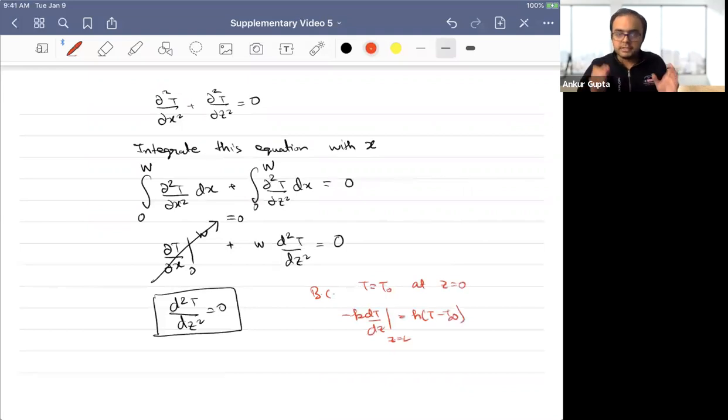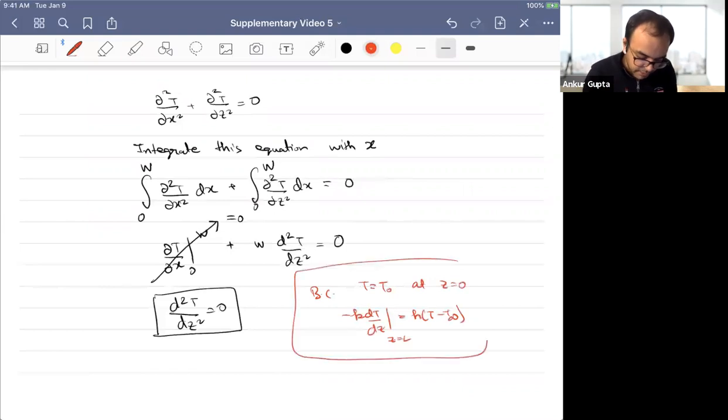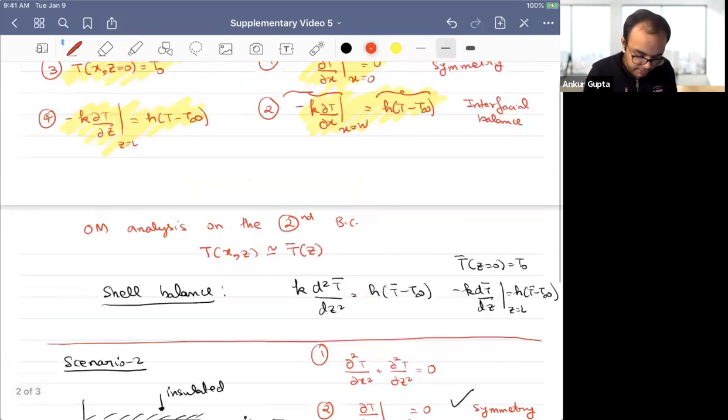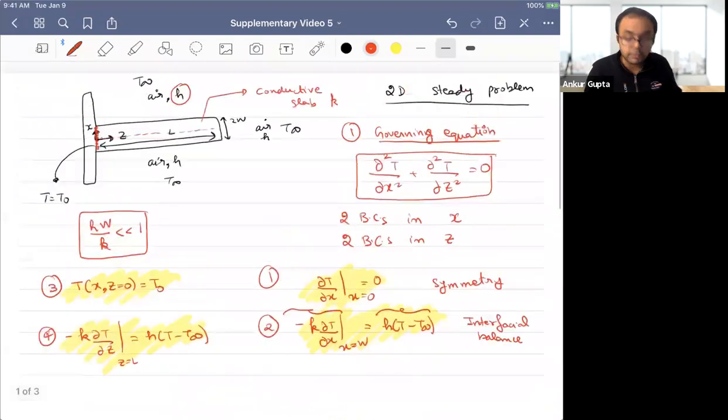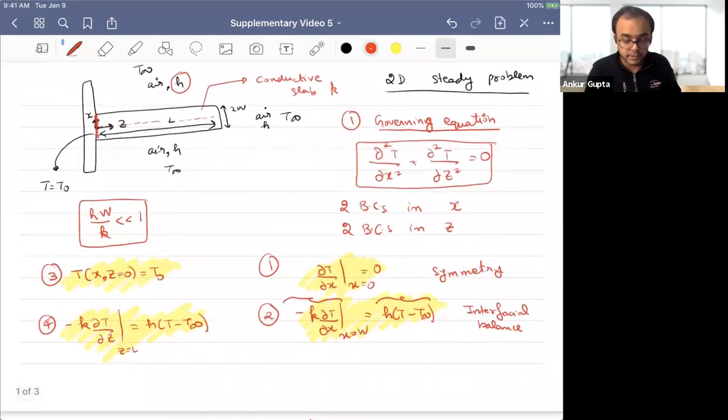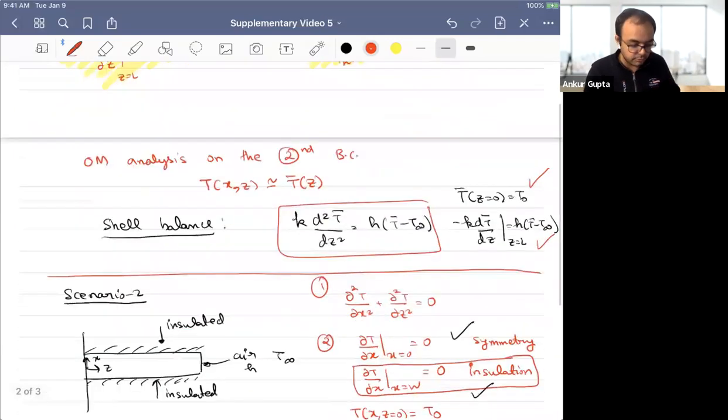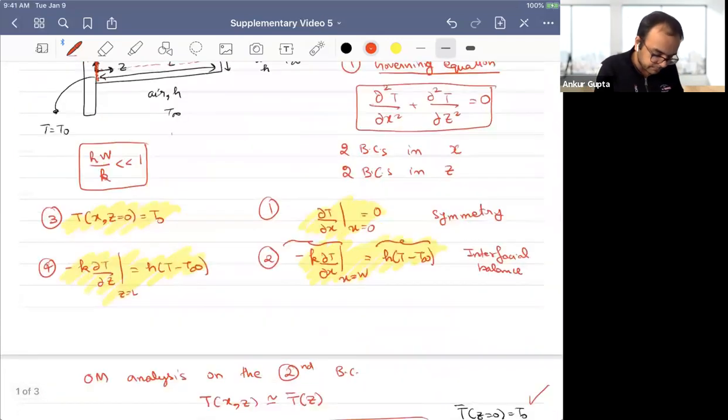So we went through this exercise because there is a difference between this problem and the approximately 1D problem: our governing equation is different, even though the boundary conditions are the same. The fact that there is no flux going out makes it exactly 1D, whereas the other problem was approximately 1D because we said that hW/k is much smaller than 1.